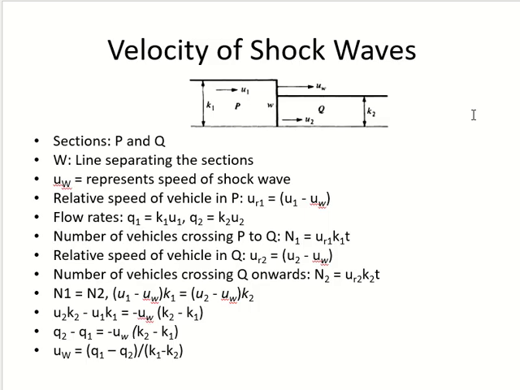So using this equation, my Q1 is 0, my Q2 is the saturation flow. My K1 was jam density, and my K2 is the one which I have at saturation. Just remember.